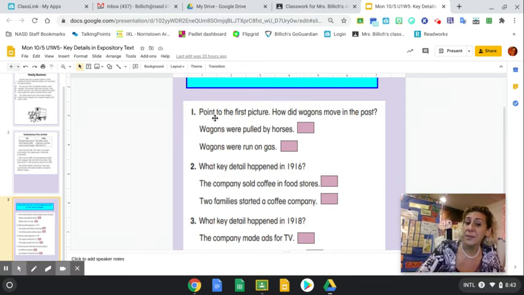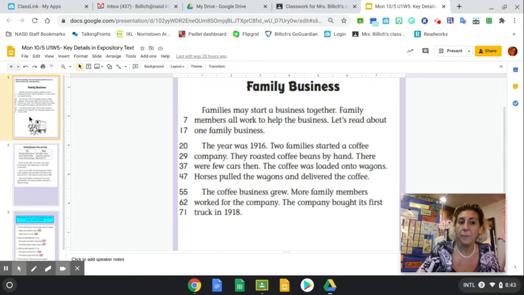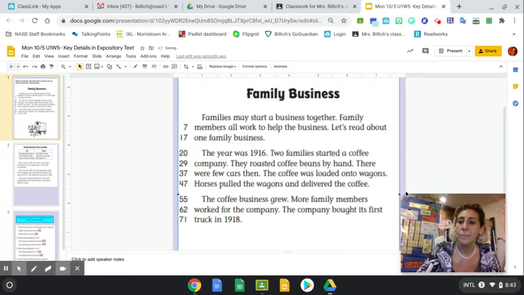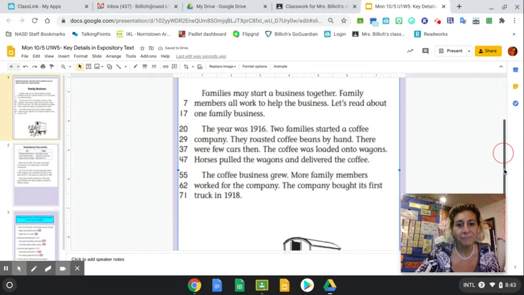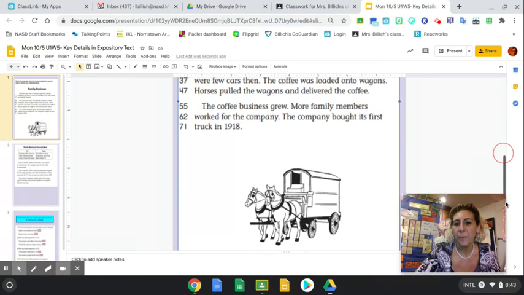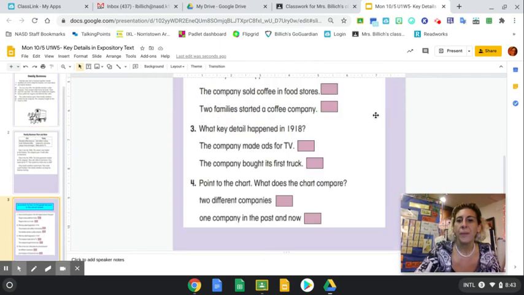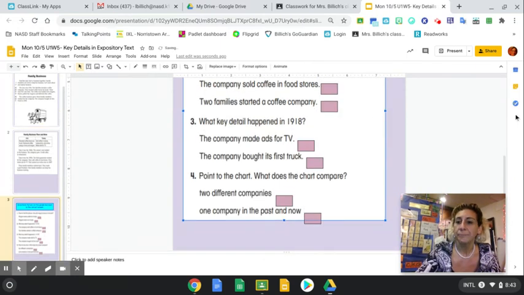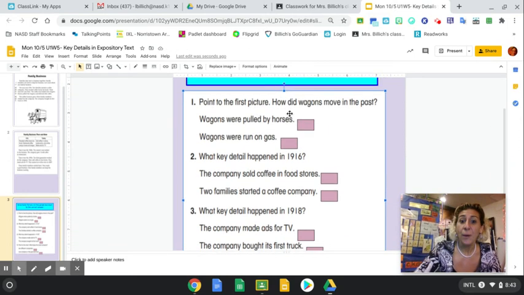So the first one asked you to look at the picture and asked, how did wagons move in the past? So just by looking at the picture, which was down here, no, down, not up, they would look back at the picture, and then their 2 choices were that wagons were either pulled by horses or wagons were run on gas.